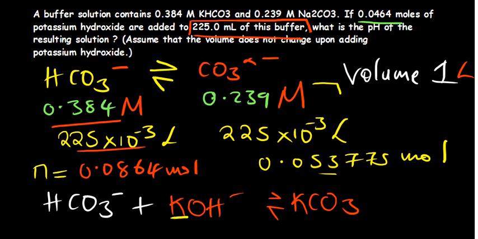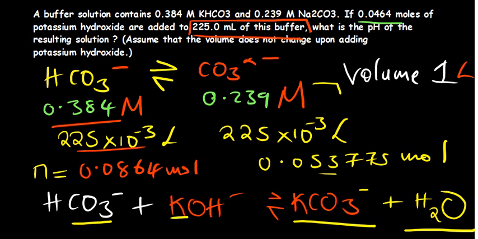The hydroxide is also going to react with that hydrogen, so hydroxide plus the H is going to give us water. So this is a neutralization reaction where we have a salt forming and also water being formed.